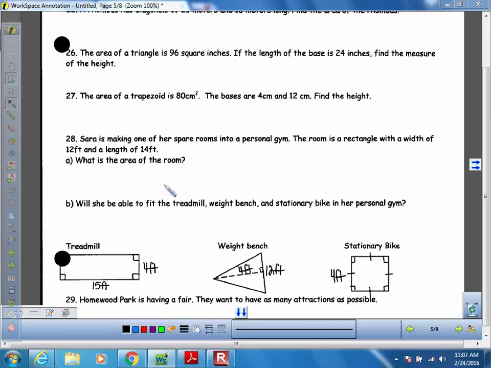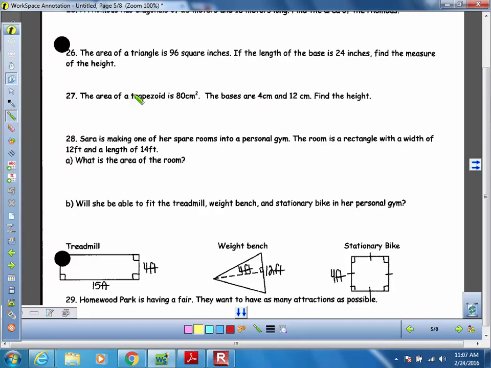Next, I want to look at 27. In 27, they tell us the area of a trapezoid is 80 centimeters squared. The bases are 4 centimeters and 12 centimeters, and they want us to find the height. So the first thing that's important to us is the fact that we're looking at a trapezoid.